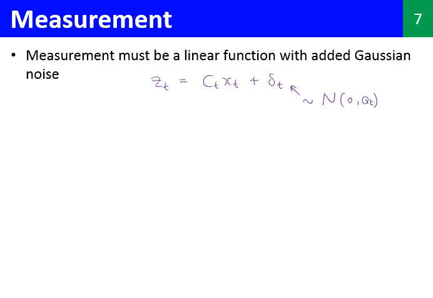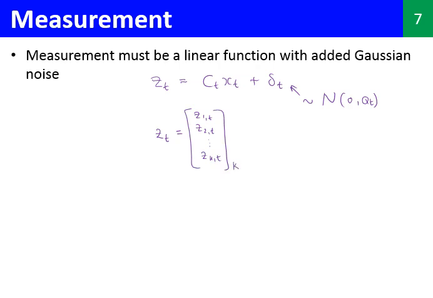If our sensor gives us k readings about different aspects of the system, then we can write zt as a k-dimensional random vector. So this would have z1t, z2t up to zkt.